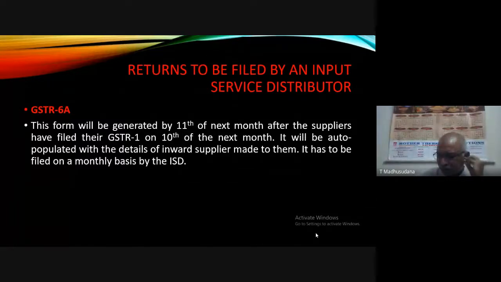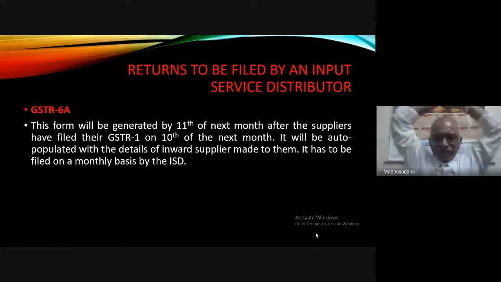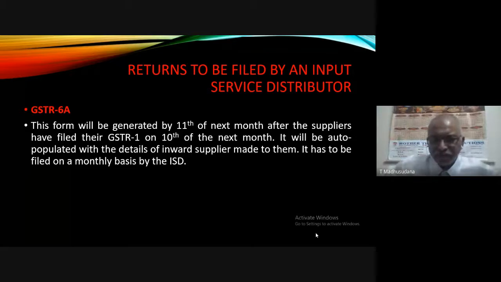You see, almost all the forms are to be submitted online, so most of the columns in the forms are auto-populated. That means the supplier need not fill, he can just verify. It will be auto-populated with the details of inward supplies made to them.